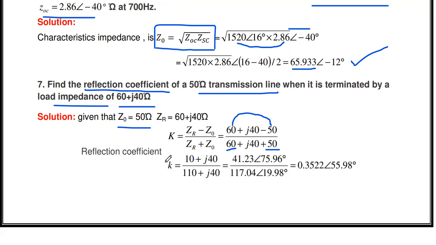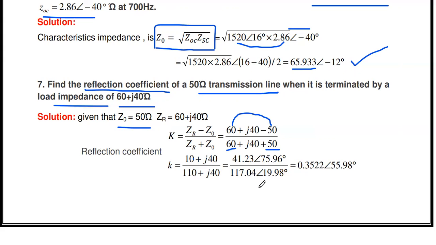In order to calculate this ratio K, the numerator and denominator are both in rectangular form, so using the calculator you convert them into polar form. Converting 10 plus J40 into polar, we get 41.23 with angle 75.96, divided by 110 plus J40 converted into polar, which is 117.04 with angle 19.98.